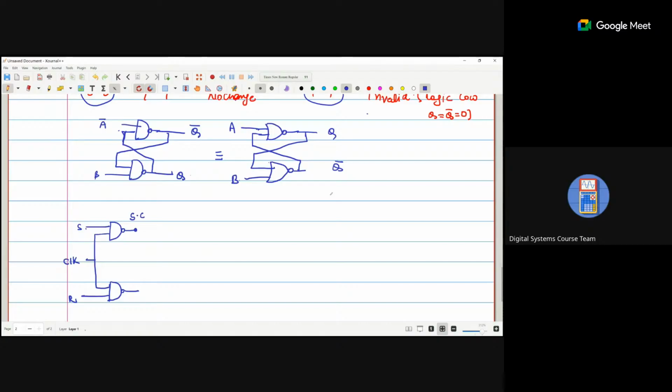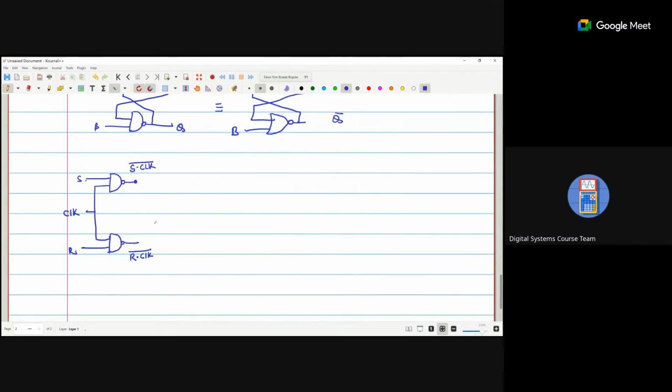S dot clock bar. The output is R dot clock bar. If clock is one, what are we getting? Simply S bar, because S dot clock, with clock one, is simply S, and the bar is available, so S bar. Similarly here we are getting R bar.